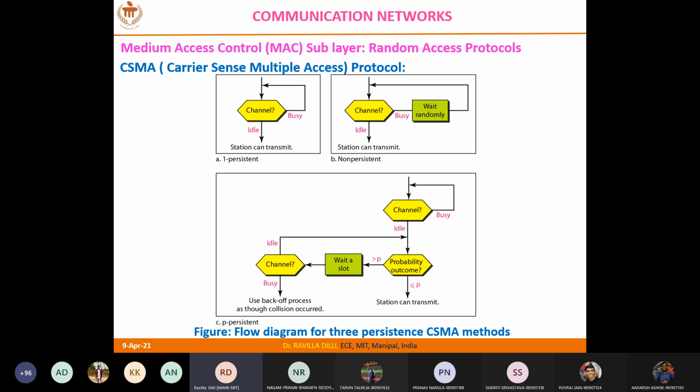So let's say p value is 0.5. How to understand it? If the channel is idle, then only 50% chances that I am going to transmit my frame, and the rest 50% I'm going to wait. So after waiting, again you check for channel status. If still the channel is idle, then you can transmit a frame with probability p again.